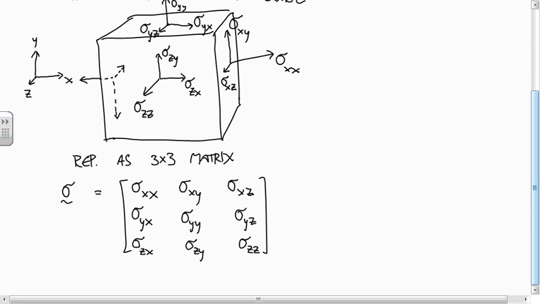We get a break from the fact that we're always going to assume that each one of these points is in equilibrium. I'm not going to go through the derivation, but if you use Newton's second law on these 9 values, Newton's second law requires the following 3 relationships. Sigma xy is equal to sigma yx.